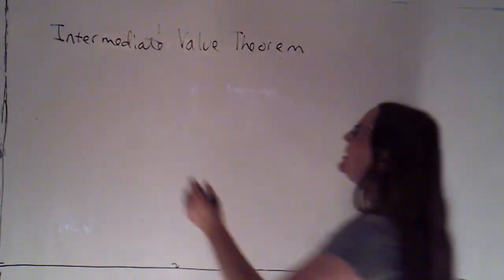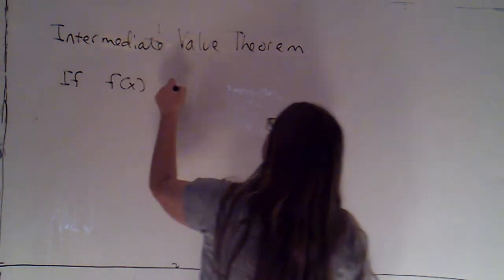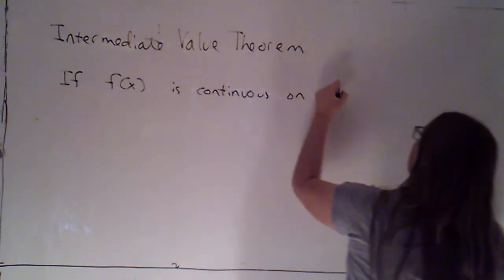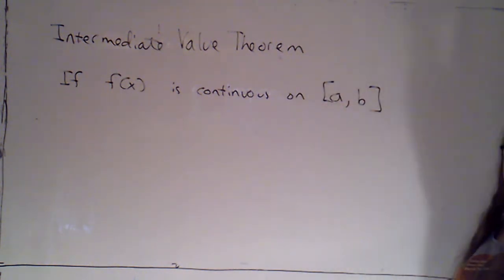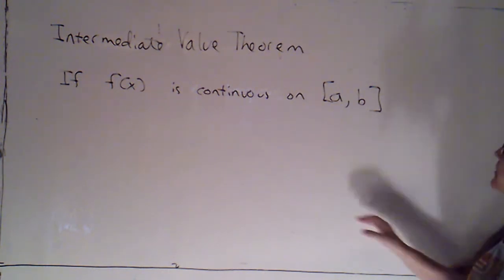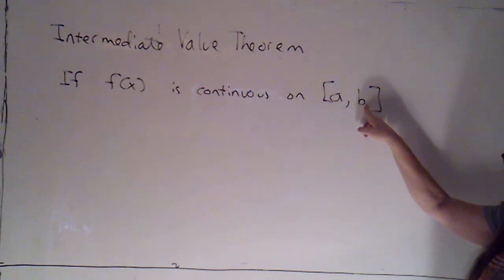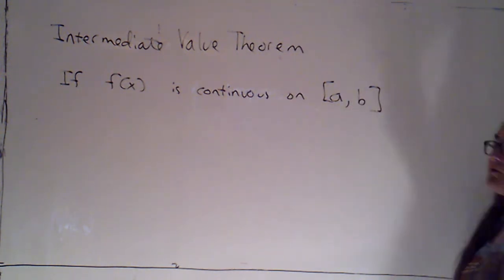Okay, so it says if f of x is continuous on the closed interval from a to b. Okay, so it does have to be a finite closed interval, like so, including those endpoints.